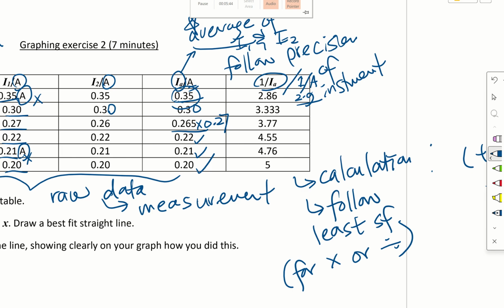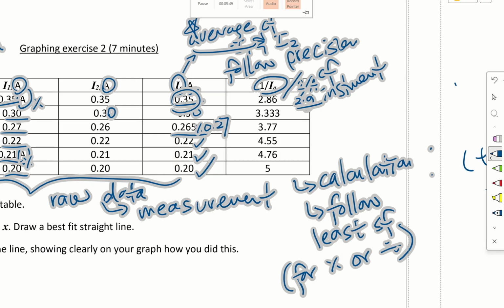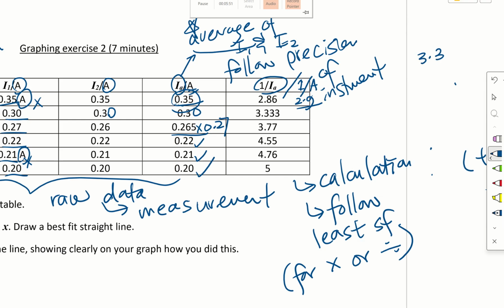Okay, and of course this 3.333 is a recurring number, so we can't do that. And please don't put this 3.3 with a dot on top. We don't need that. It is just 3.3. Then this will be 3.8. This is 4.5. Okay, do your calculation. And this is 4.8, and this should be 5.0.